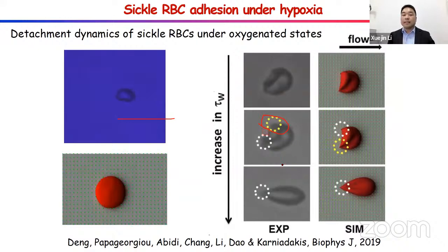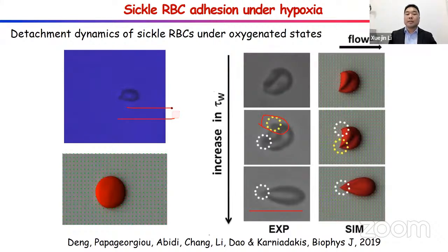And then the cell holds onto the stronger adhesion site under shear. The red blood cell with single site adhesion obtains an elongated shape like a teardrop, right? Finally, the cell detaches from the wall surface when the applied shear stress is above the threshold, right?